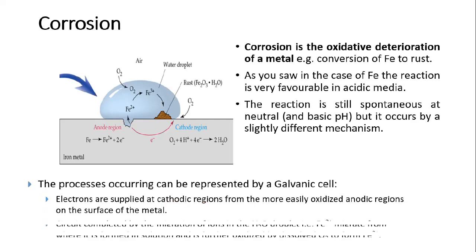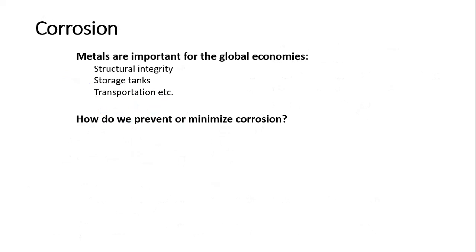So now, the whole idea of corrosion is a multi-trillion-dollar business. Why is that? Well, about 95% of all commercial goods are transported via the sea, right? Via the ocean.